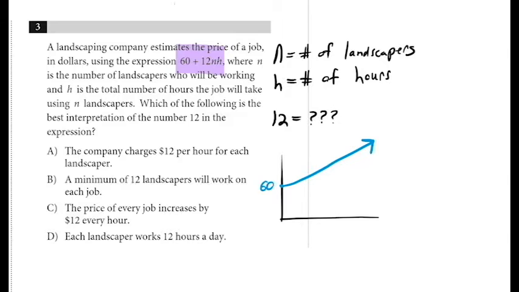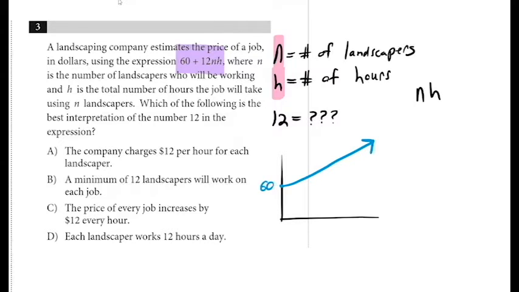Now thinking this through, kind of like when we were talking about having 5 sweaters and each one costs $20, if we have N landscapers and each landscaper works 8 hours, then so far, to find the amount of money that's going to have to be paid, we'd have to multiply the N times the H to get the total number of hours.